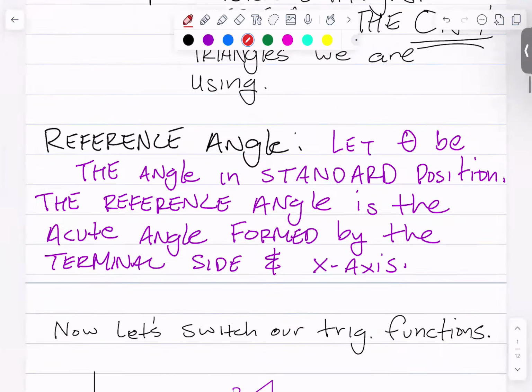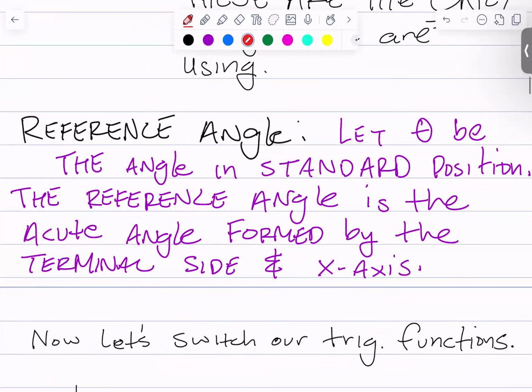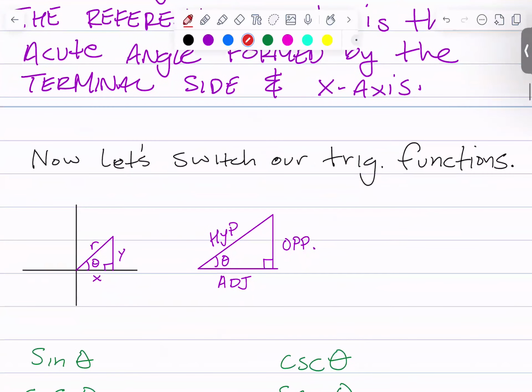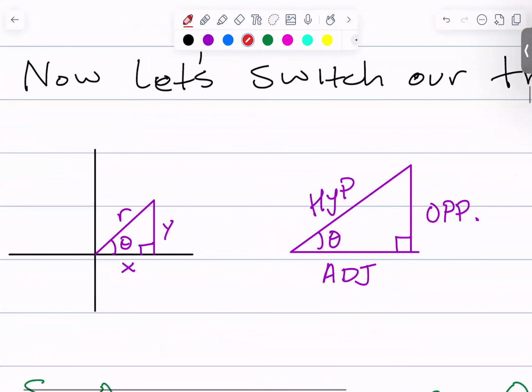All right. Now, if that is the case, our old labeling, opposite, adjacent, hypotenuse, we can turn those in terms of y, x, and r.